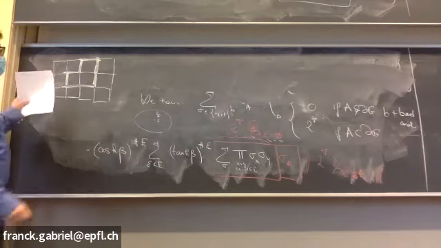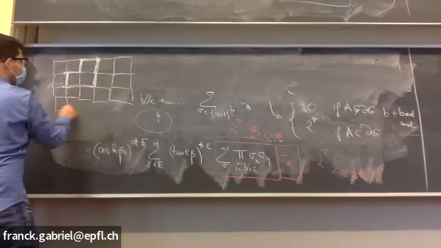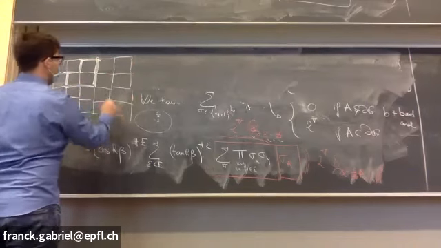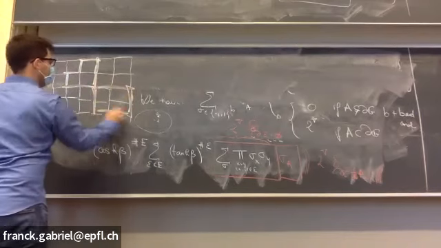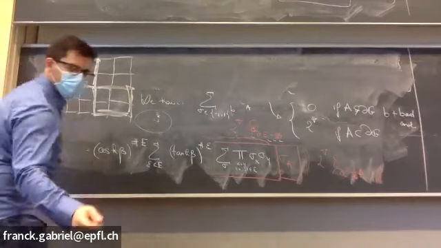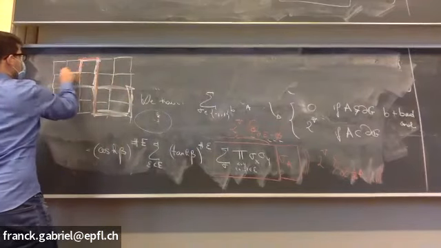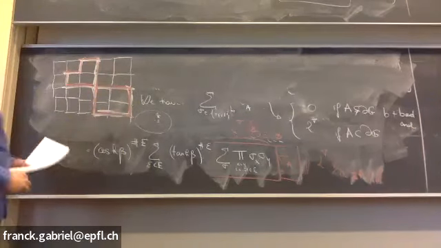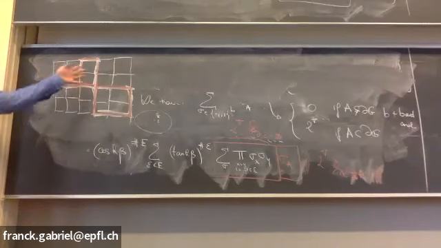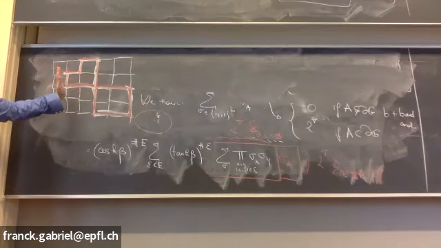Okay, so in fact, when you consider a subset of edges where there is no source, maybe in red is better, what you see is just some loops, some configuration which looks like a union of loops on your graph.